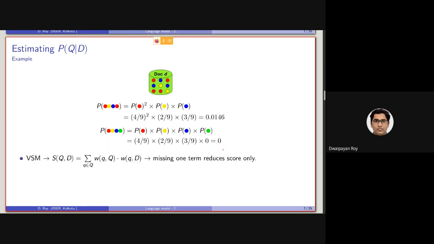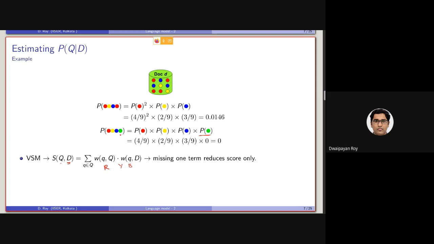In case of the vector space model, this kind of absence of a term would not actually reduce the score, but for that query term, there will be no increment. That is, for VSM, the score of the document for the given query Q will be computed based on only the red ball, yellow ball, and blue ball.